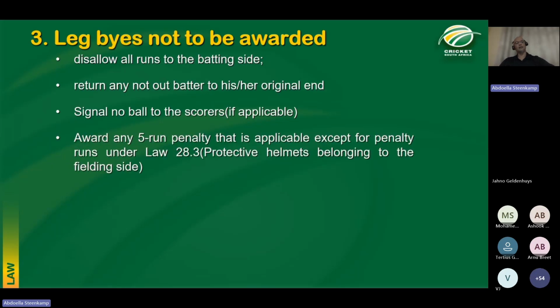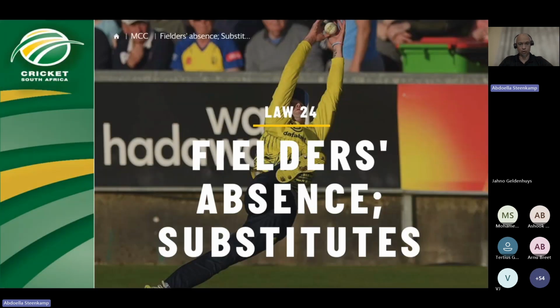Award any 5 penalty runs as applicable. There's one exception, and that exception is if the ball should hit the protective helmet belonging to the fielding side. So these are the additional things that the bowler's end umpire needs to do when leg byes are not to be awarded.